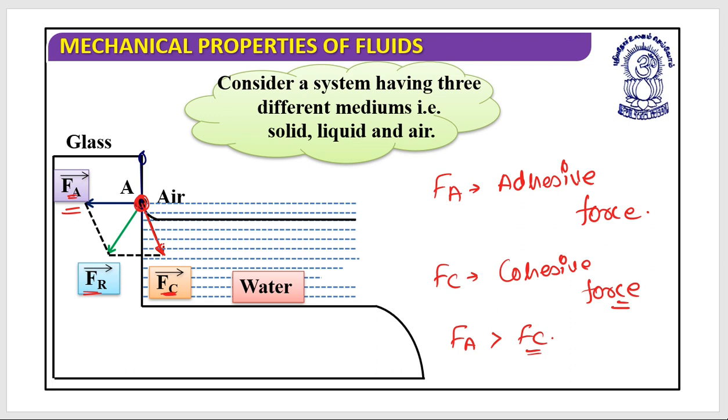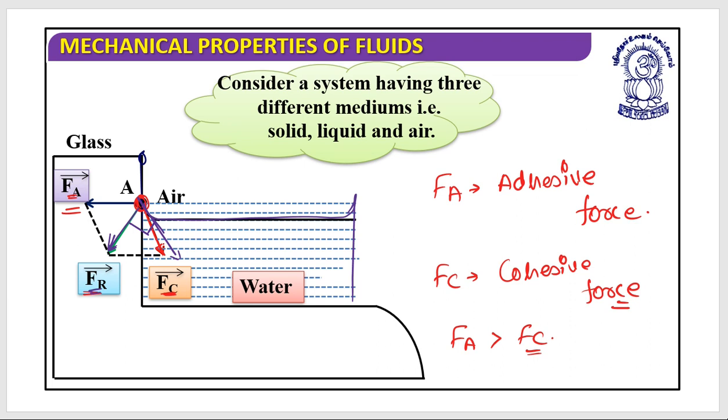That means this fluid particle is being stretched or snatched in this direction. So the fluid is going to bend itself perpendicular to this force. The meniscus will look like this at the boundary of the container. I hope this is clear.